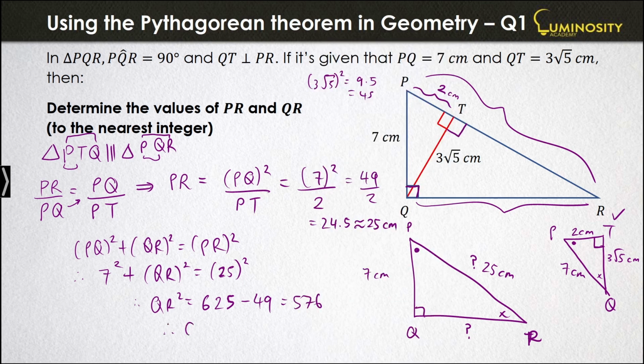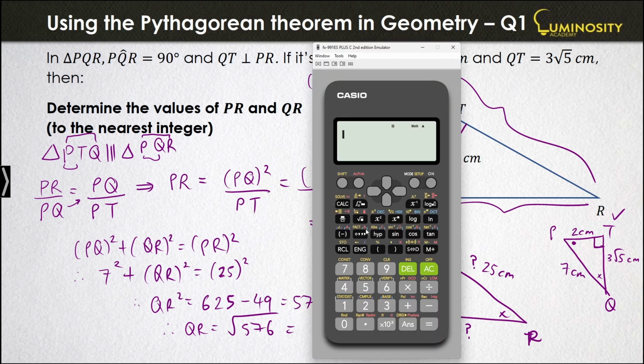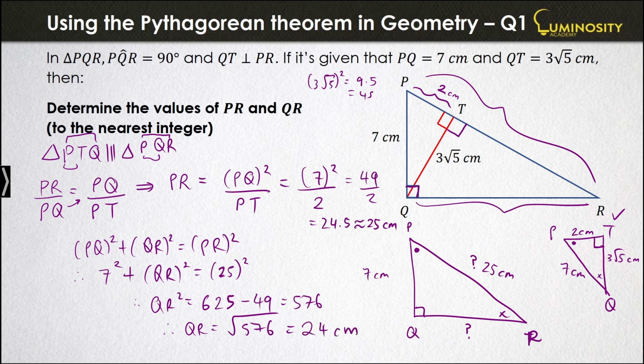So therefore QR is going to be the positive square root, because it's a length, right? When you talk about lengths, you're talking about positive numbers. So the square root of that answer is 24 centimeters. So QR is 24 centimeters, and those are the 2 lengths rounded off to the nearest integer for both. Awesome. I'll see you in the next one.